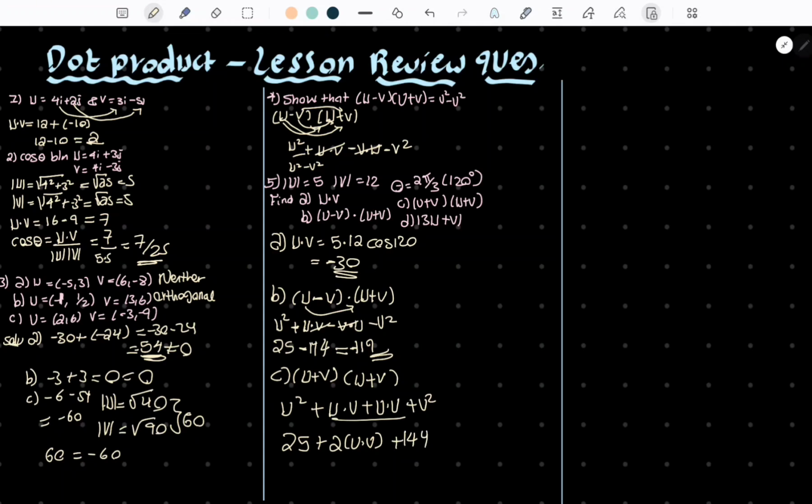We already got u dot v here, so 30 times 2 is going to be 60. So it's going to be minus 60. 25 plus twice minus 30 plus 144, which is 25 minus 60 plus 144, which is going to be equal to 109.